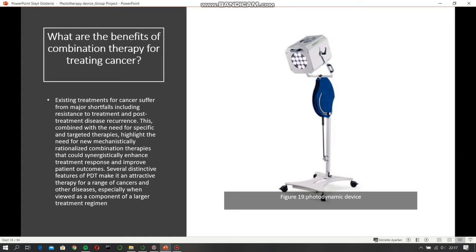What are the benefits of the combination for treating cancer? Existing treatments for cancer suffer from major shortfalls, including resistance to treatment and post-treatment disease recurrence.